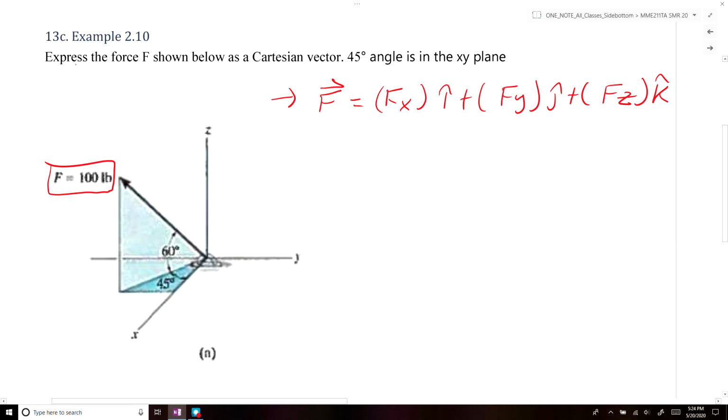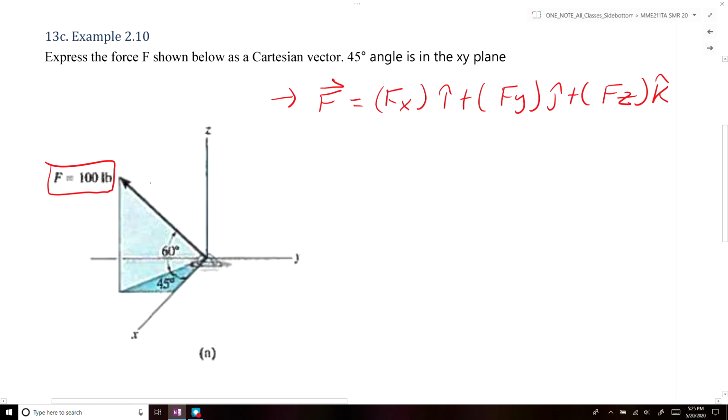But in this case, we weren't given the coordinate direction angles. We were given a slightly different set of angles. So we're going to just use basic geometry to determine our x and y components. If we look at our diagram, we can break this into a few different triangles.